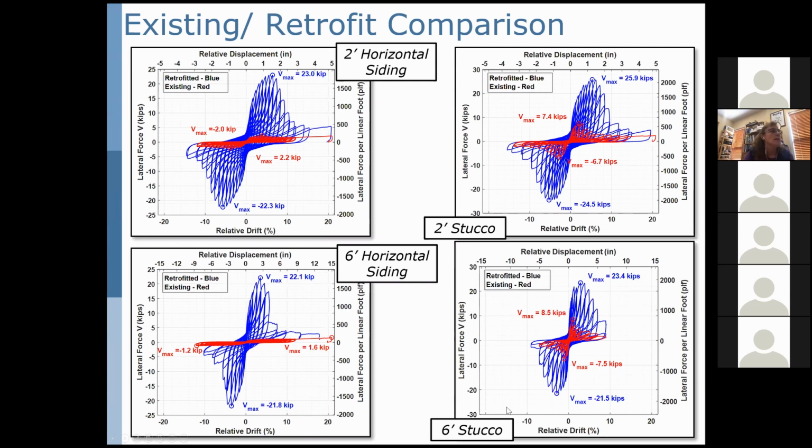On the lower row, the 6-foot tall specimen response, in terms of global lateral force and relative drift in each of these plots. Consistently for each of these, the blue traces are retrofitted specimens, and the red are the existing or unretrofitted specimens. These are shown for a variety of different exterior finishes: horizontal siding in the first column, and stucco in the second column.